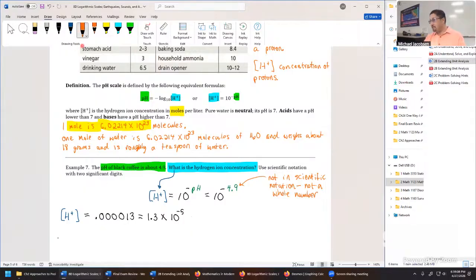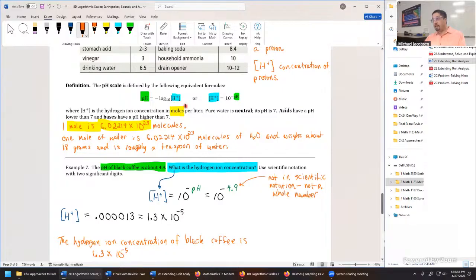We can say that the hydrogen ion concentration of black coffee is 1.3 times 10 to the power -5.